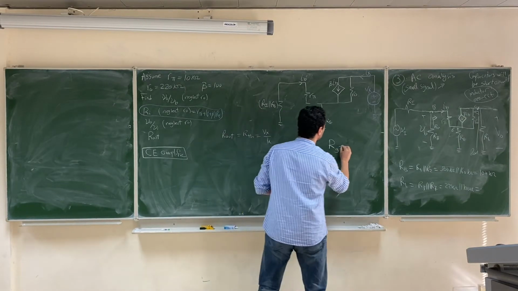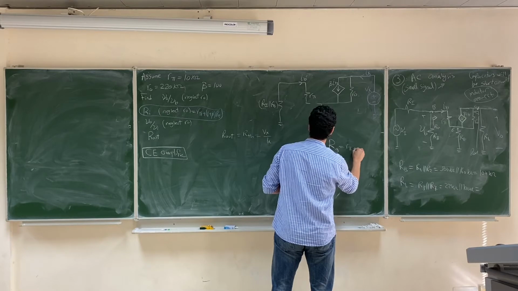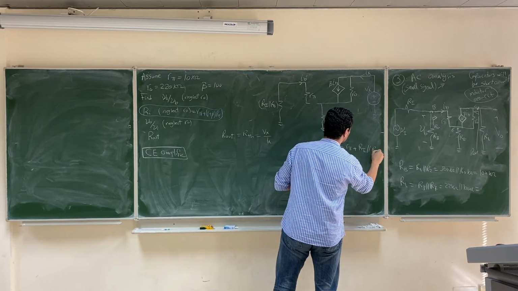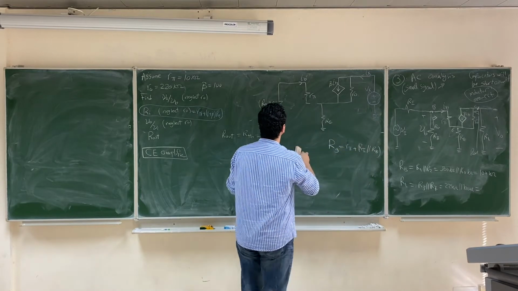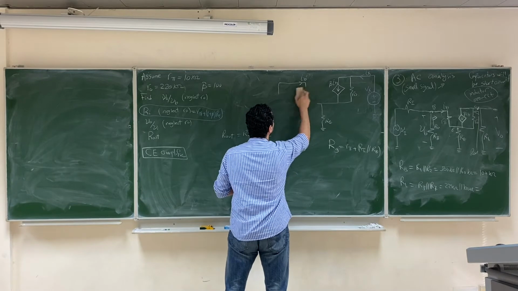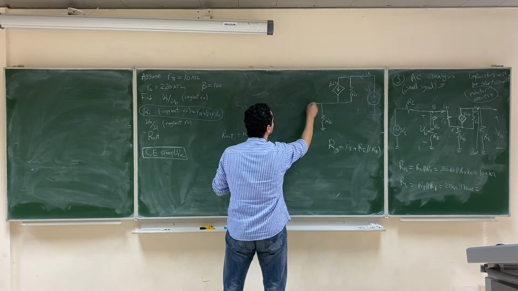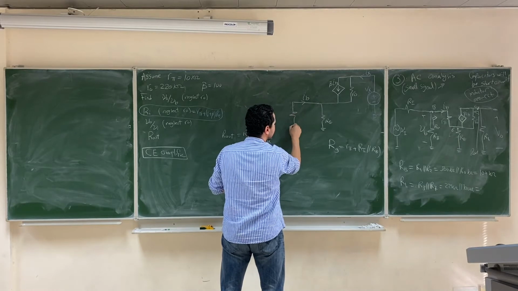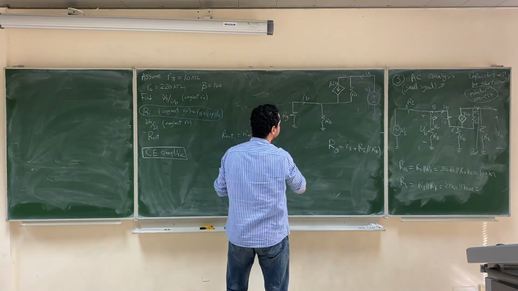RG will be R pi plus these two parallel together, which is Ri parallel with RB. Okay, and then we can just combine them in one resistor with a current I base. So we have here a resistor called RG.